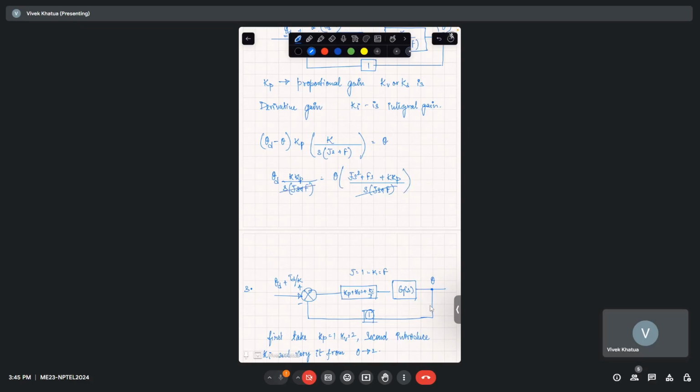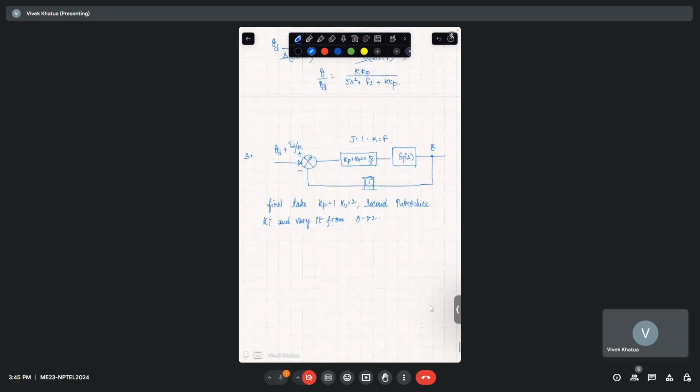So we would get theta by theta d is equal to K Kp divided by Js square plus Fs plus K Kp.